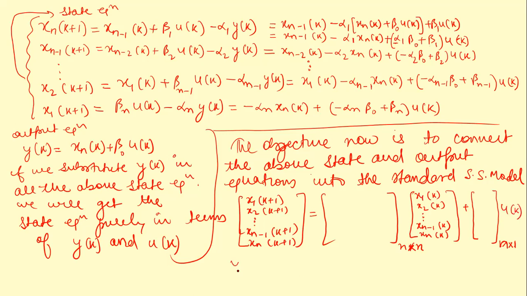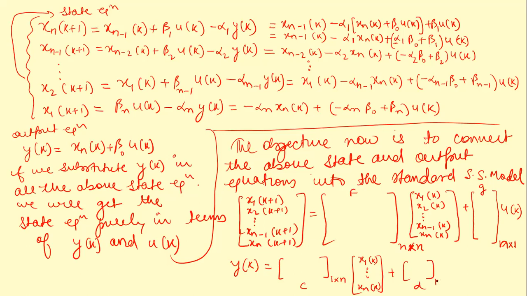Similarly, the output equation yk can be written as the product of a matrix C. So this is C matrix, this is F matrix, this is G matrix. So it is one row into n column, right? And we have all the state vectors from x1k to xnk here, and plus then we have a scalar d, right?